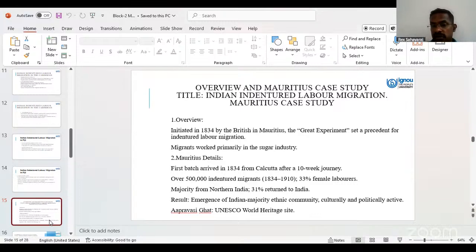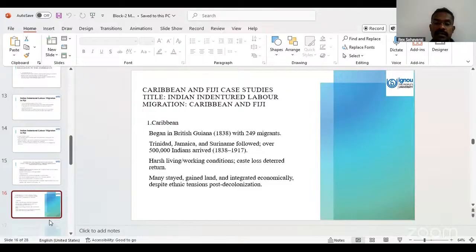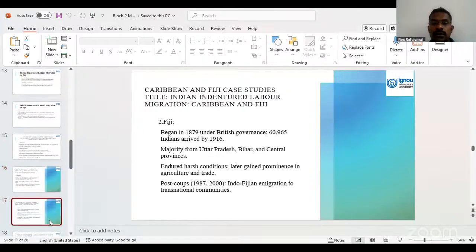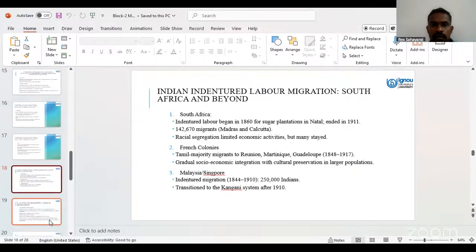The first batch, as I have said, arrived, and 31 percent were returned; the majority were from northern India, and 30 percent returned to India after independence. The result was the emergence of an Indian majority ethnic community, culturally and politically active, and the UNESCO World Heritage Site is there, right? So we have seen Fiji and everything.